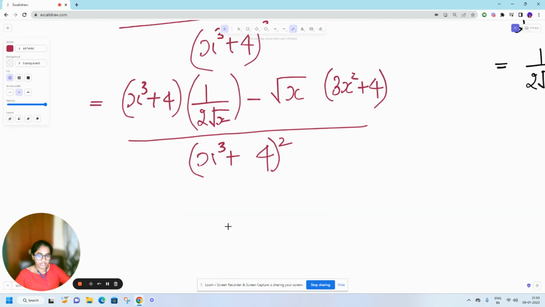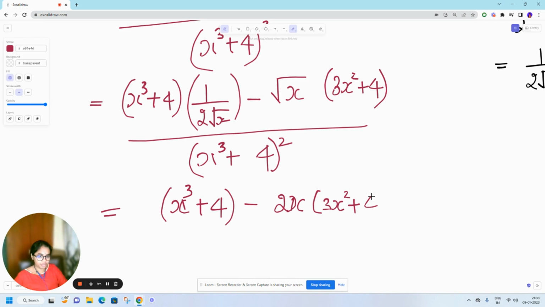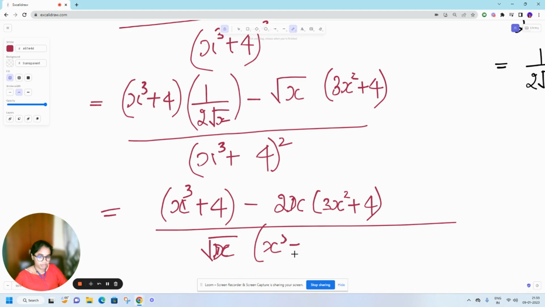You can take root x LCM in the numerator and simplify a little bit. You would get x cube plus 4 minus 2x into 3x square, divided by root x into x cube plus 4 the whole square.